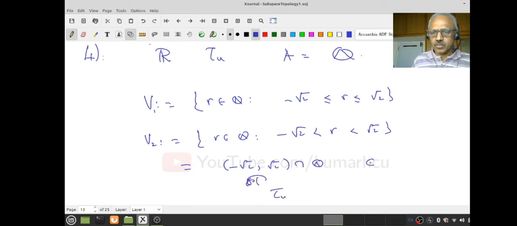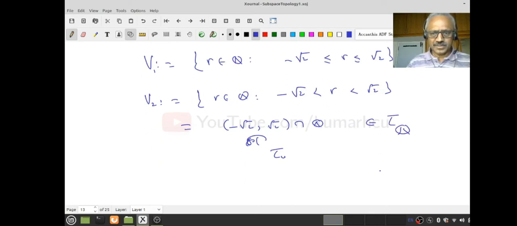Therefore this is open in tau Q, the subspace topology on Q. This is by definition. But I claim V1 equals V2. Notice that V1 is the closed interval intersected with Q, but I claim V1 is V2. That is very easy, because plus or minus square root 2 are not in V1.